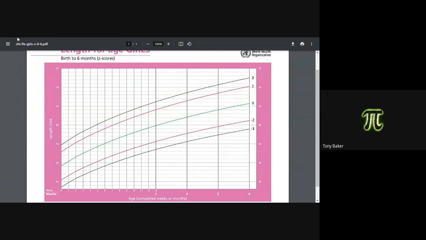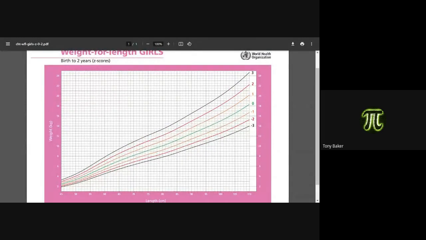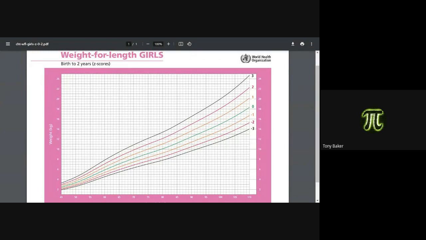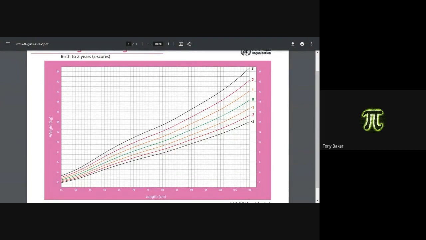So let's see if I can find my chart again, and I can show you the weight chart. Here, this is the weight, and it's weight to length, because obviously if you're longer, you're supposed to weigh more.